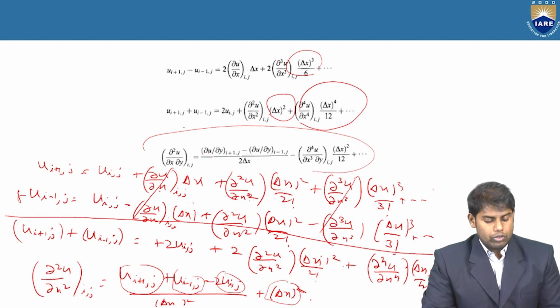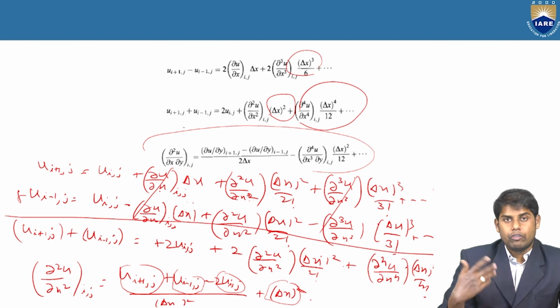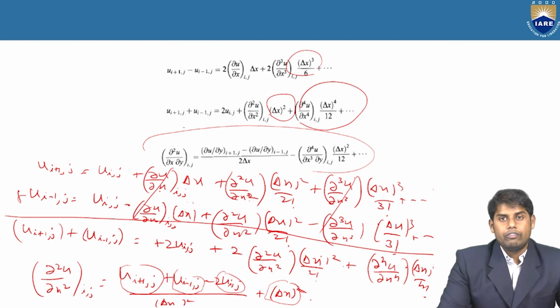We know what ∂u/∂y is at i+1,j and at i-1,j. If you substitute these terms, you will get the mixed derivative terms. So if you have mixed derivative terms in your governing equation, we will be replacing these terms.